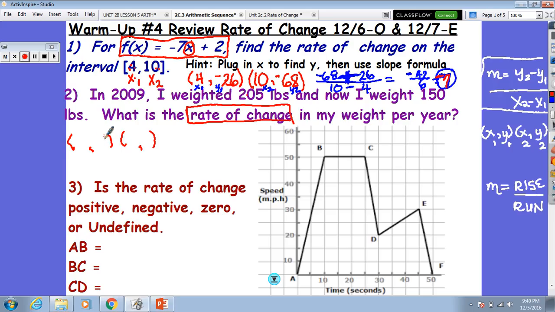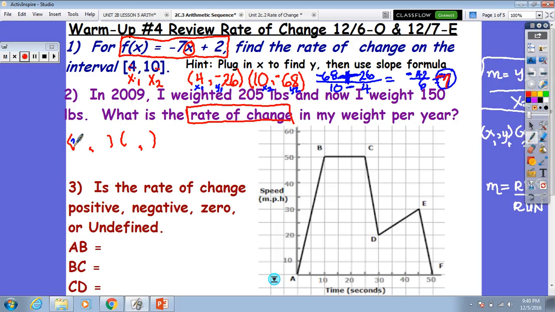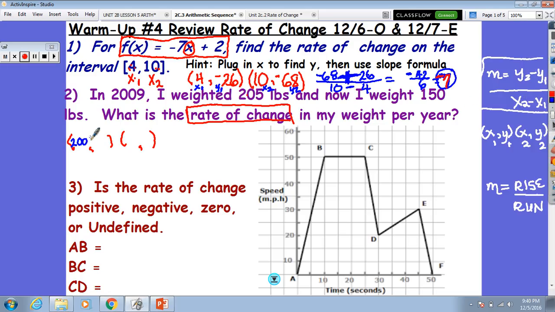Alright, so what should we use for our first point? If you put 2009 as your first X value, and the amount that I weighed in 2009, which is 205 pounds, if you wrote this as your first point, you were correct. Now, what would my second point be?